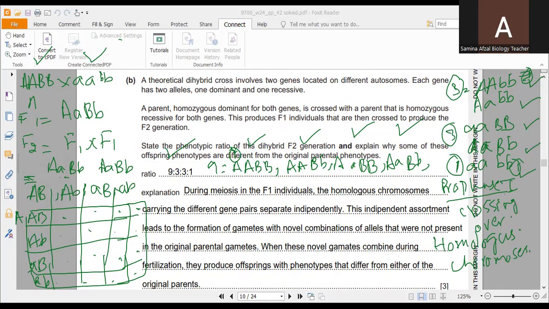At metaphase, they arrange themselves at the equator. In this way they are joined together, but in anaphase they separate from each other.